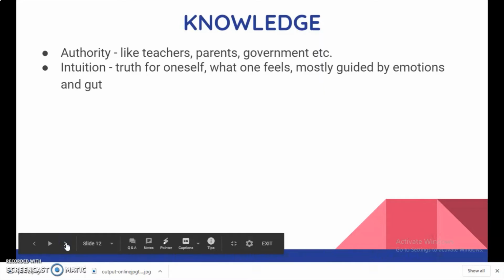Intuition here means a truth for oneself, what one feels, and it is mostly guided by emotions and gut. For example, take the previous example, that you have come to know that taking too many chocolates may lead to a stomachache. Maybe you had a chocolate at one time, and you didn't feel very easy after taking it.